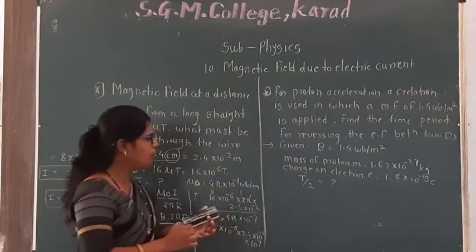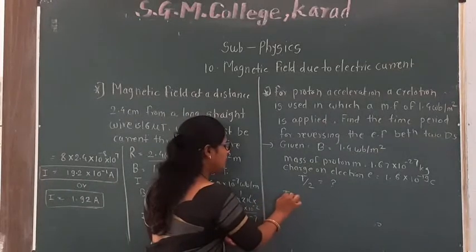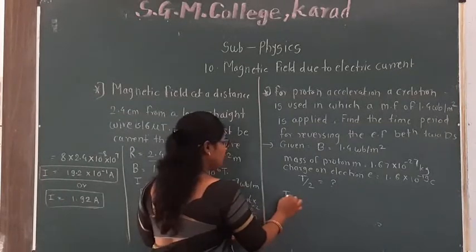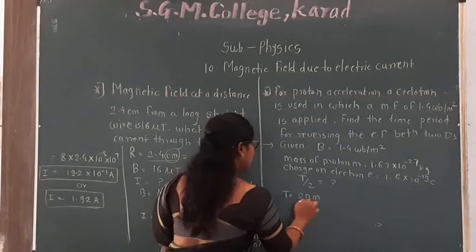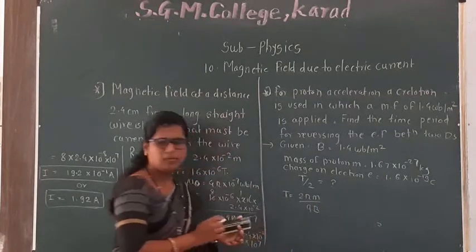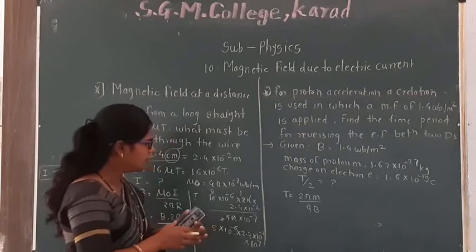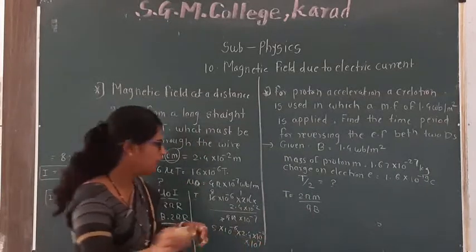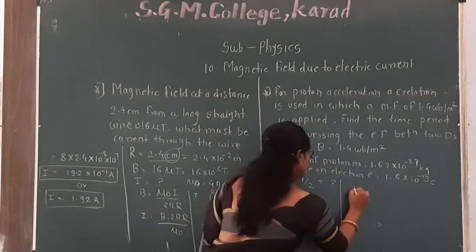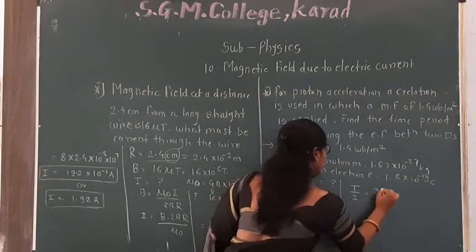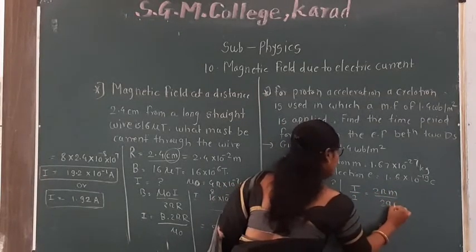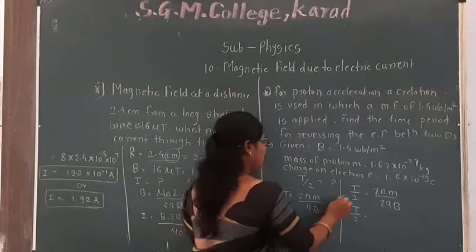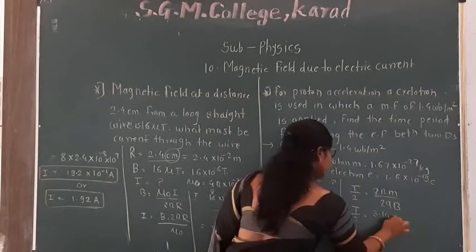The main formula for the time period of a complete revolution is T. T is equal to 2 pi m upon qB. But here we have to calculate T by 2, so we write 2 pi m upon 2 qB. The 2 cancels. T by 2 is equal to pi, whose value is 3.14, all of you know.